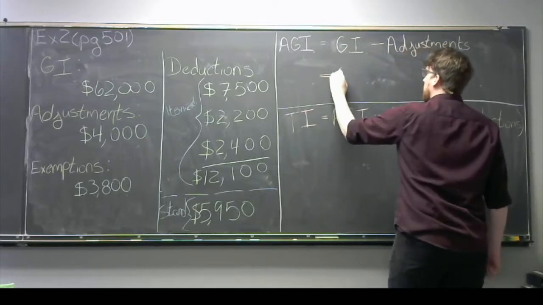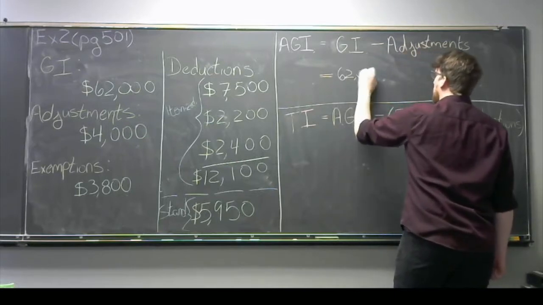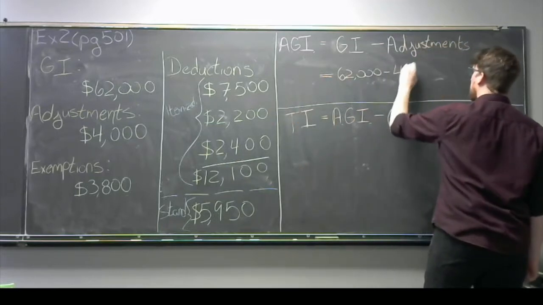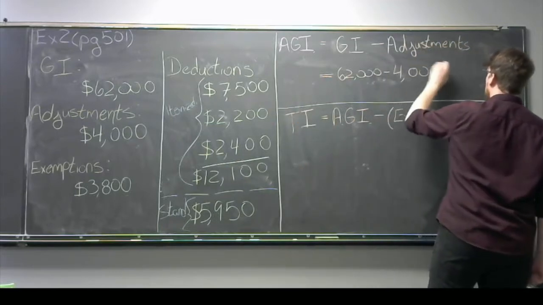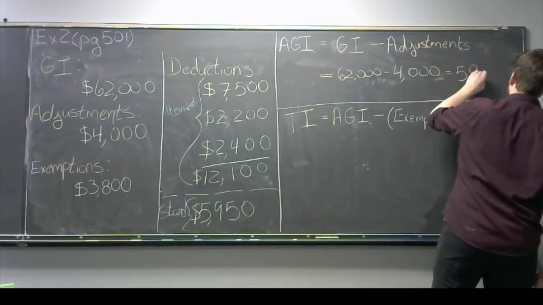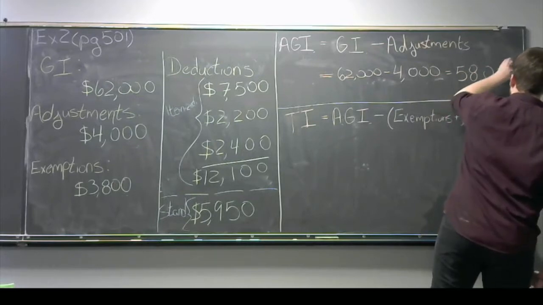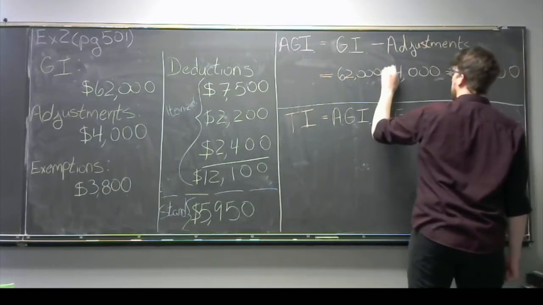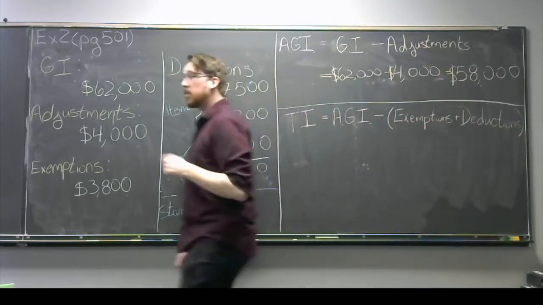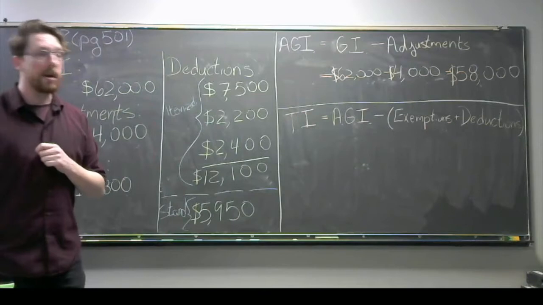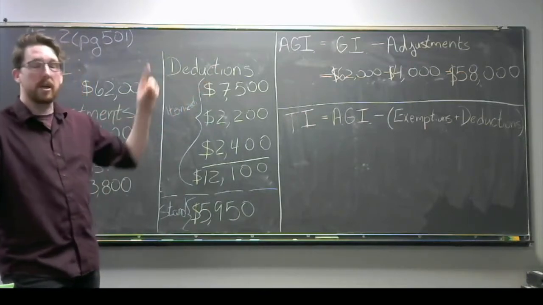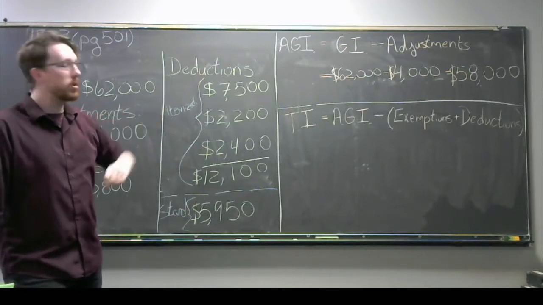So, 62,000 minus 4,000 is going to come out to be $58,000. So our adjusted gross income is $58,000. And we got that by subtracting the adjustments from the gross income.